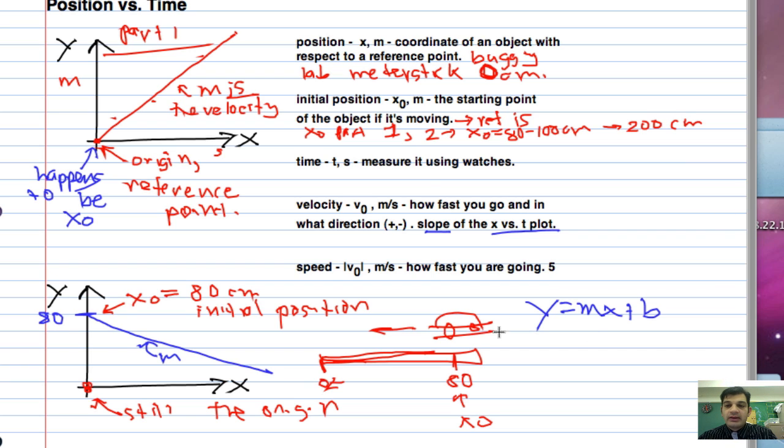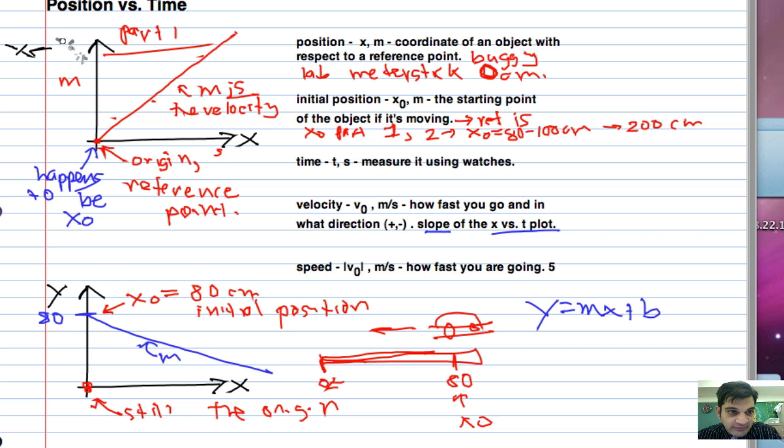The y-axis is the position axis. That should be an x, so actually this is y versus x. What is y? We're now going to call it x, which is position. So I'm going to replace this letter y with the letter x. Just get rid of this.